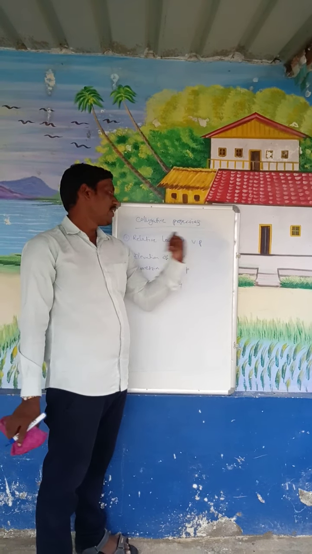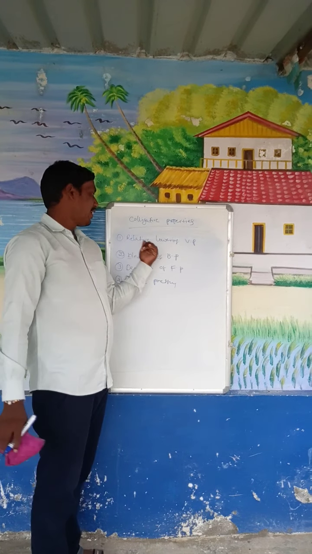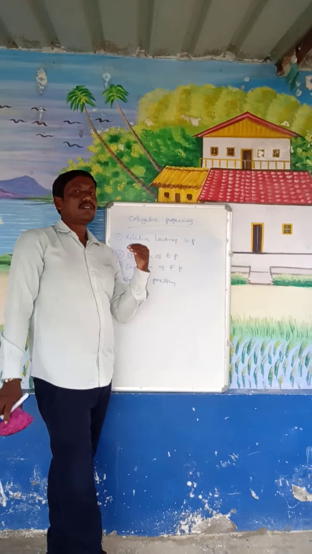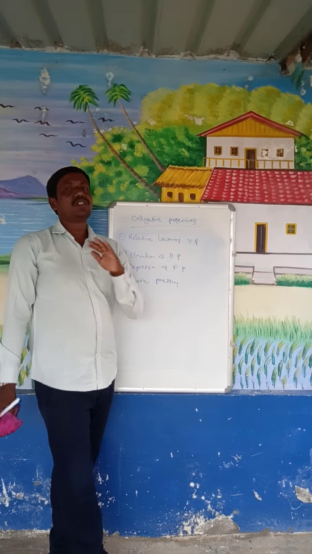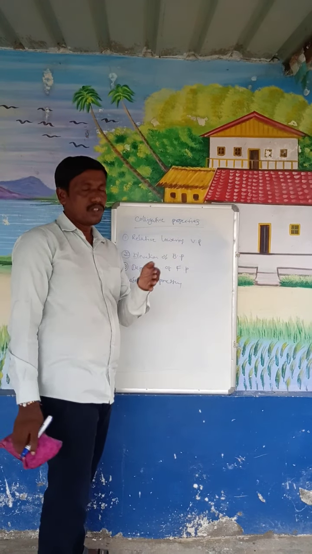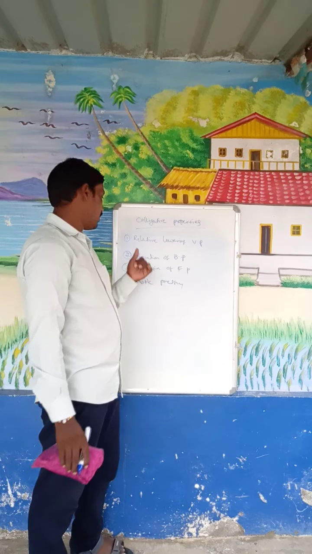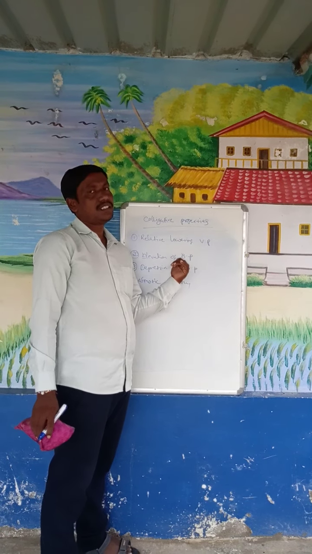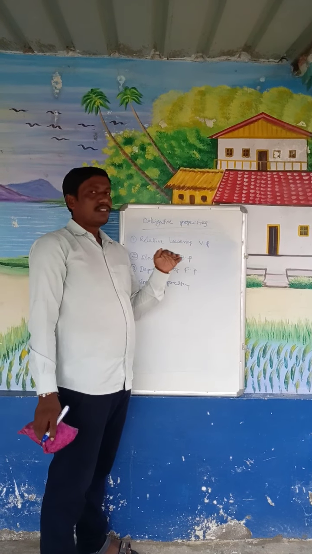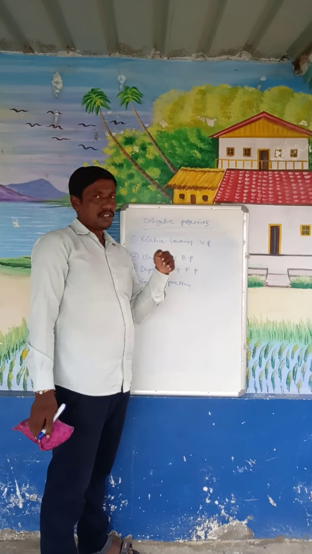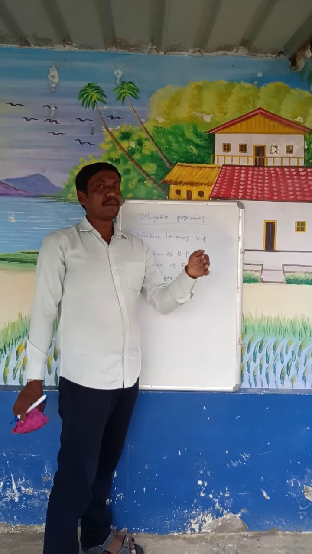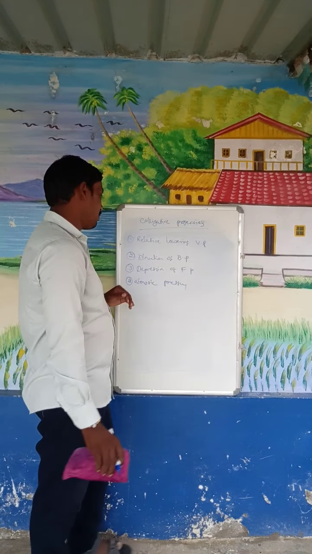In relative lowering of vapor pressure, the pure solvent vapor pressure is more compared to the solution vapor pressure. In elevation of the boiling point, the solution boiling point is more compared to the pure solvent boiling point.